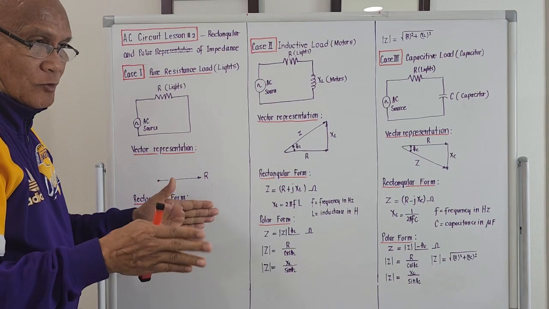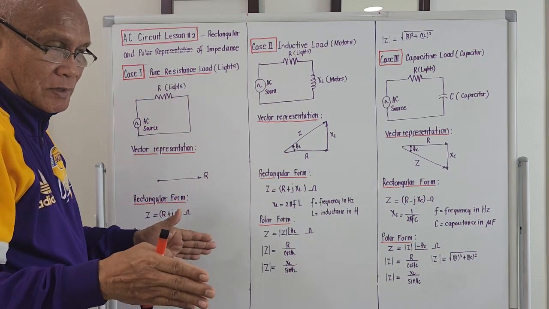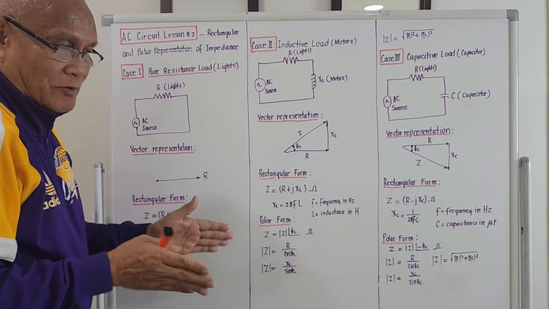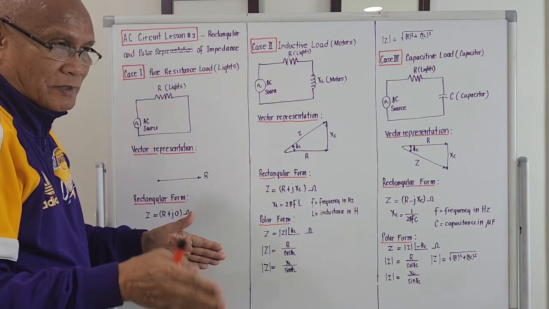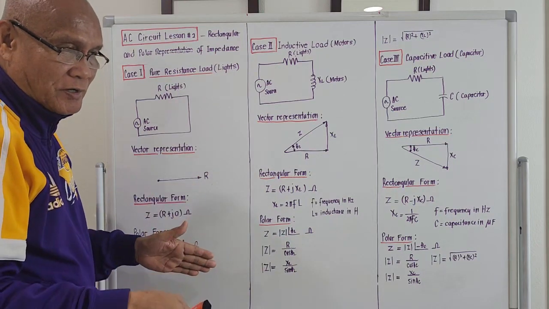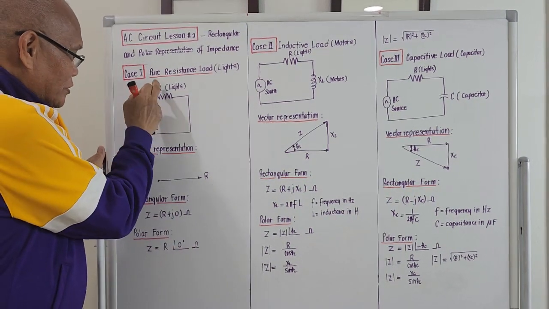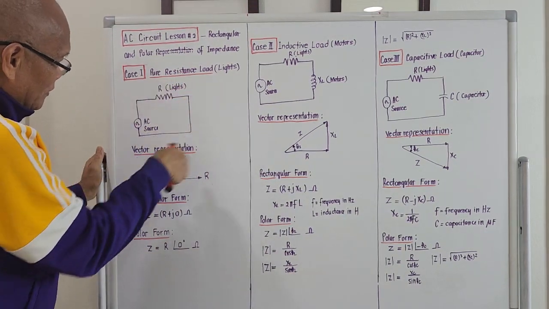If we try to bring out the equivalent of pure resistance load as a function of impedance, because we term the opposition offered to the alternating current in AC circuit as impedance. For case number 1, which is a pure resistance load, this will be the circuit diagram.